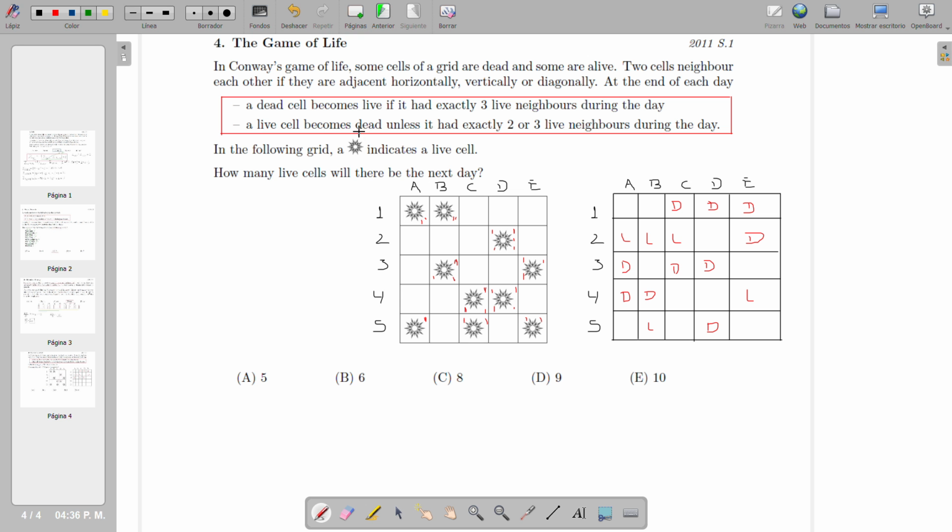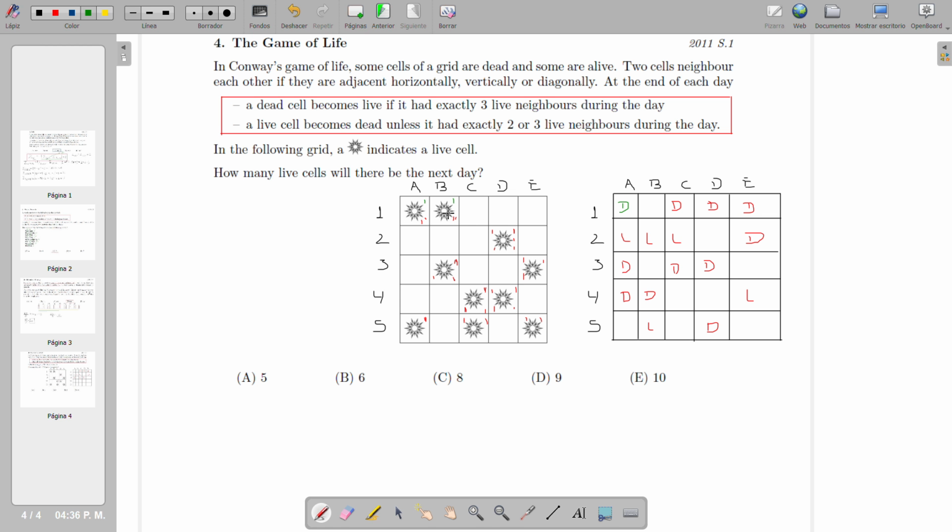A live cell becomes dead unless it had exactly 2 or 3 live neighbors during the day. So for cell A1, this cell has just 1 live neighbor, so this cell will be dead by next day.